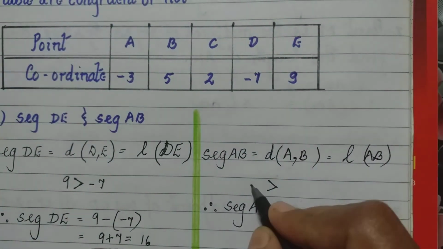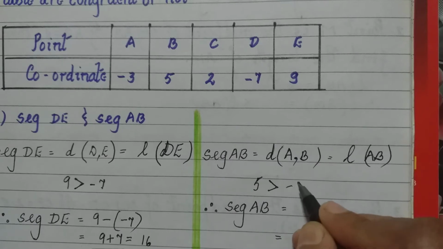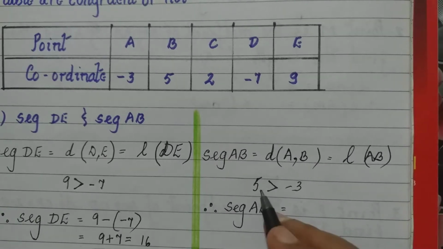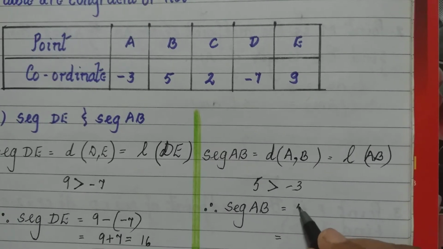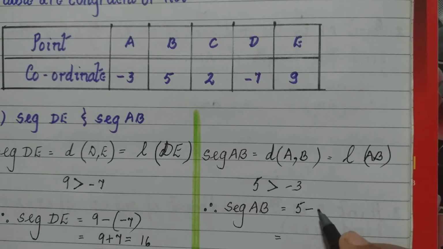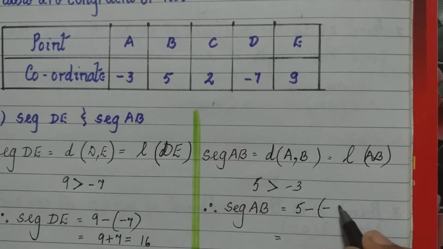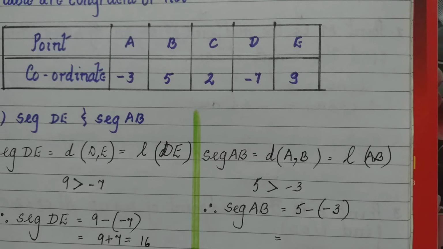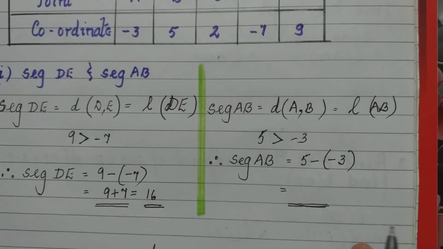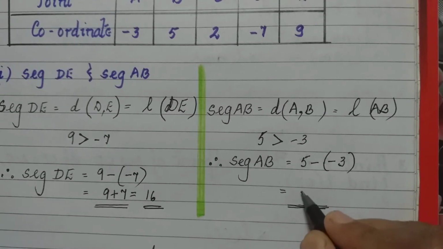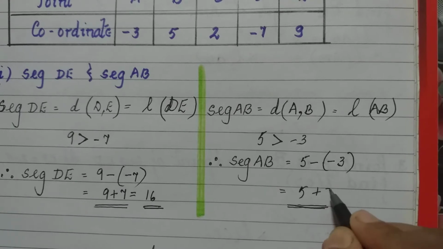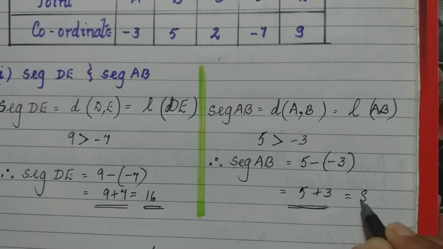Therefore, 5 is greater than -3. Therefore, segment AB is equal to 5 minus -3. So 5 minus -3 will be 5 plus 3, which is equal to 8.